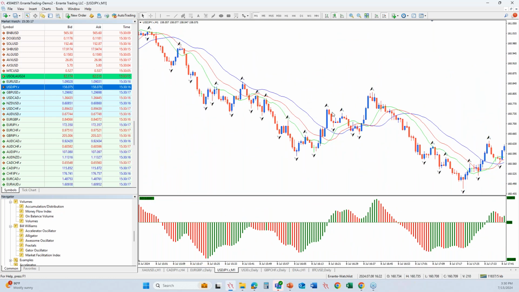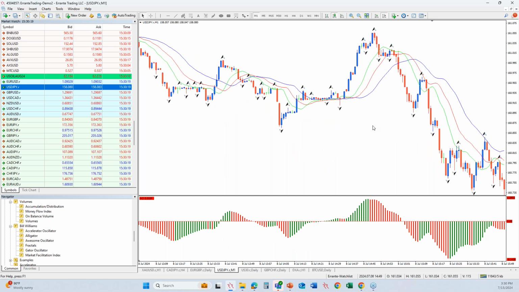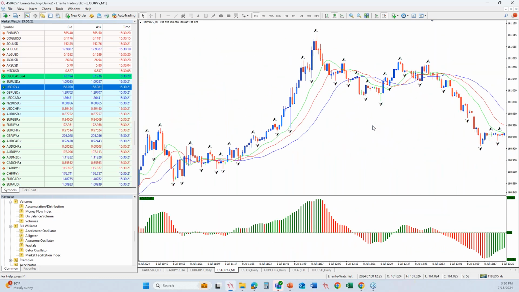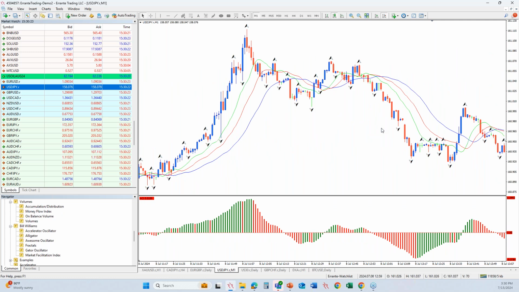Let me change the instrument maybe to something else to have a better visualization for you. For example, here you can see this is a very clear example of bearish twin peaks.